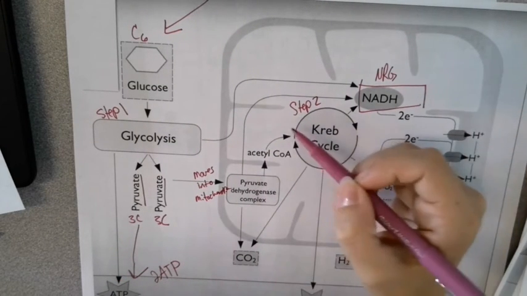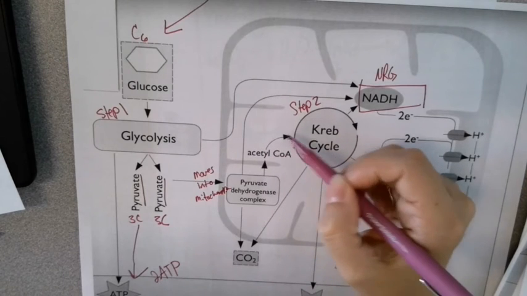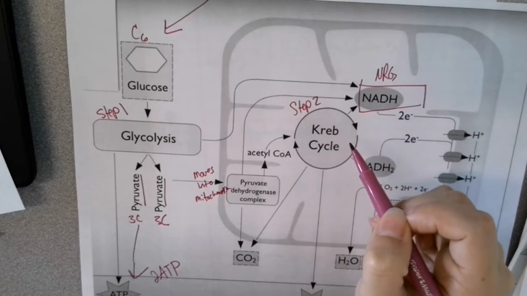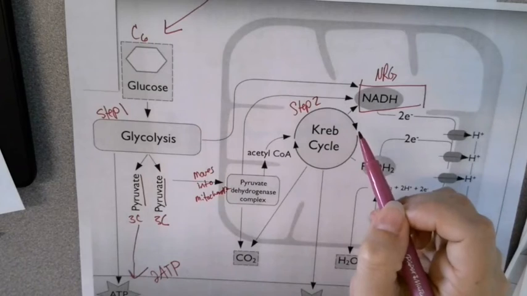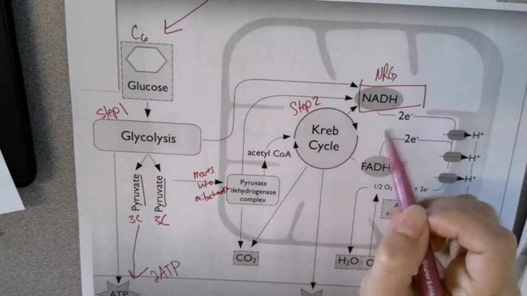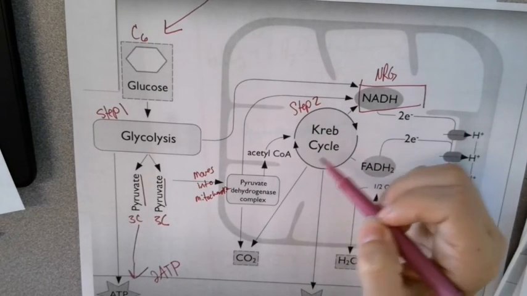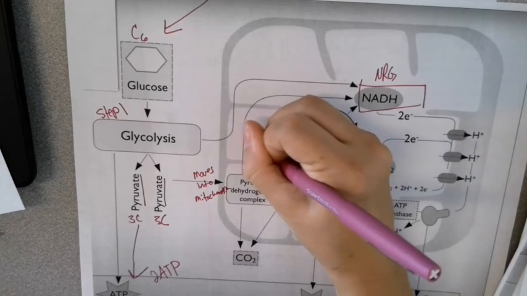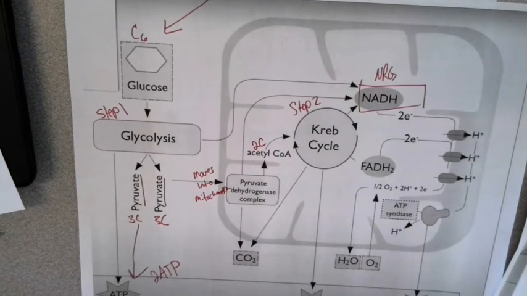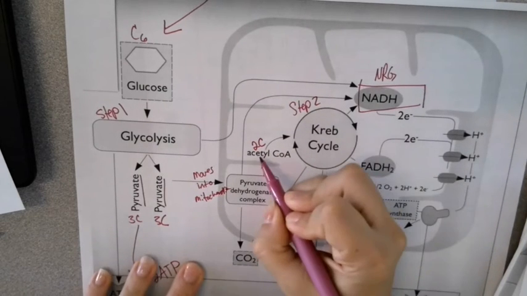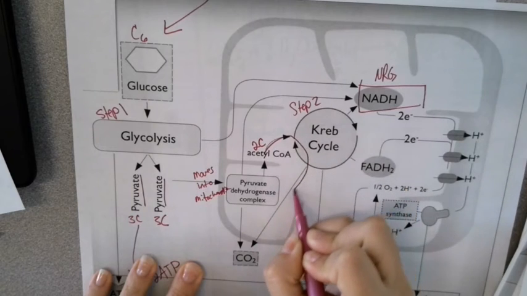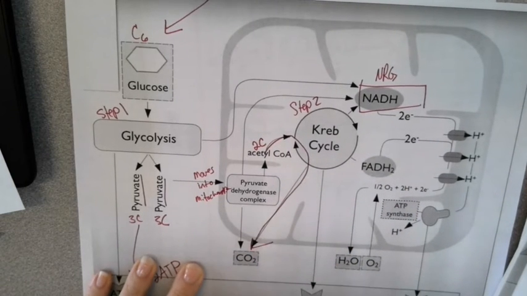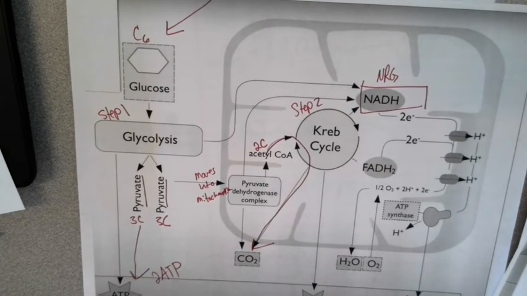And it's going to create what is called acetyl CoA. And I apologize if I'm mispronouncing that. So we have our acetyl CoA, which is going to be a 2-carbon compound. And it's going to create, through our Krebs cycle, carbon dioxide.